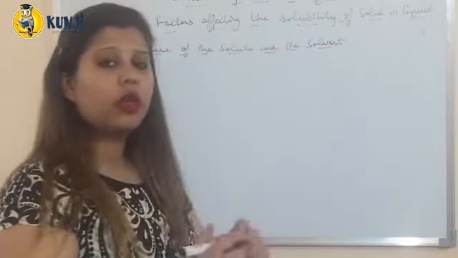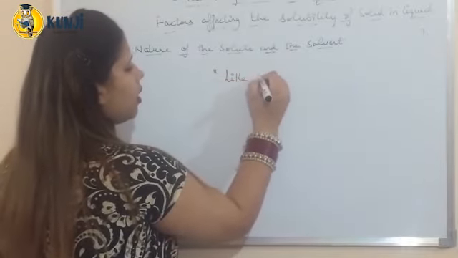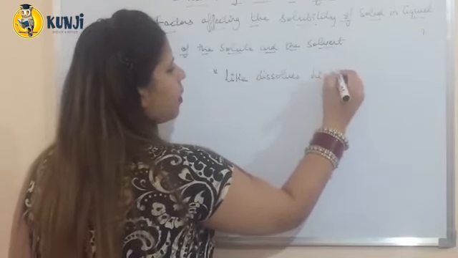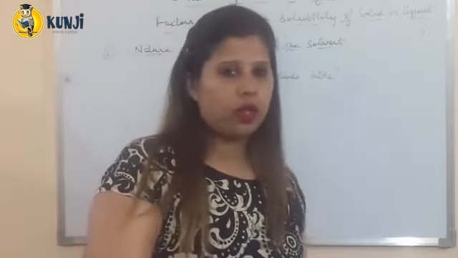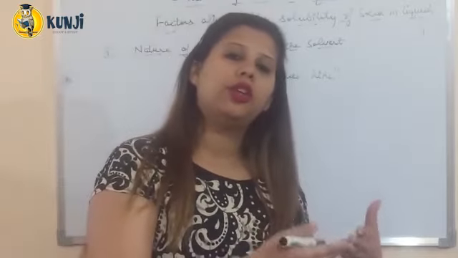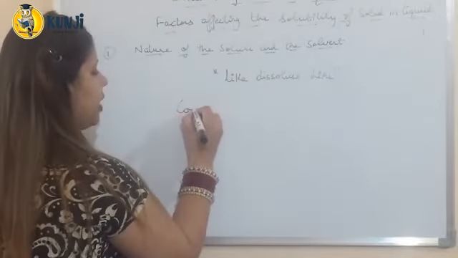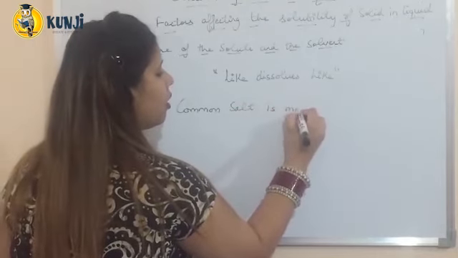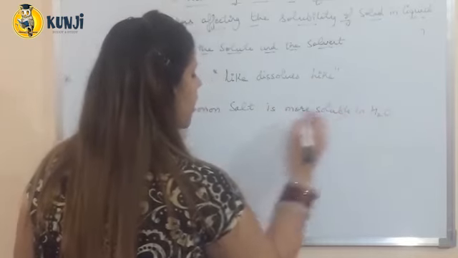So for that we know very well one concept, that is like dissolves like, which means the ionic compounds dissolve in the polar solvents and the non-polar compounds or covalent compound dissolves in the non-polar solvents. For example, common salt, that is NaCl. Common salt is more soluble in water than the sugar.